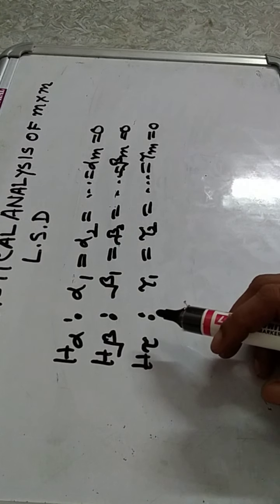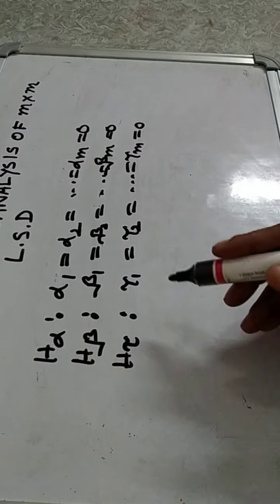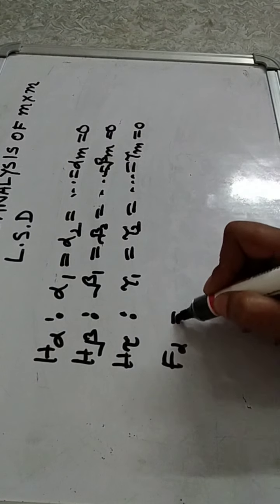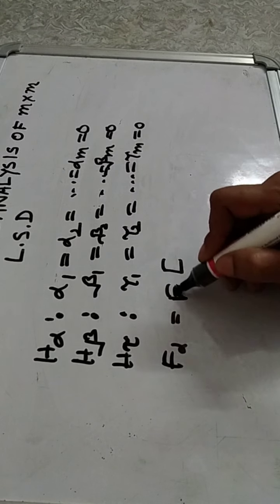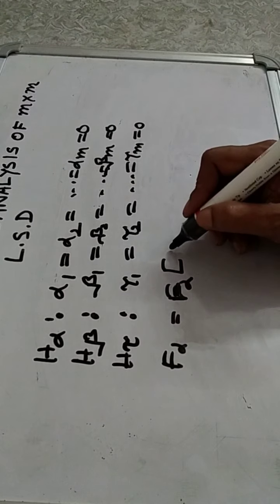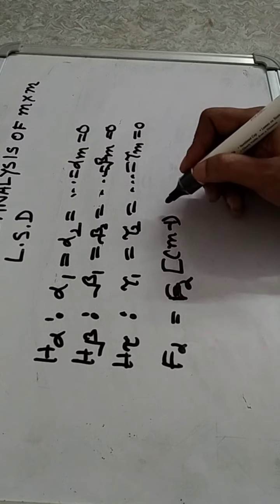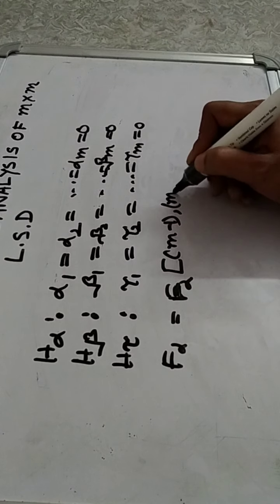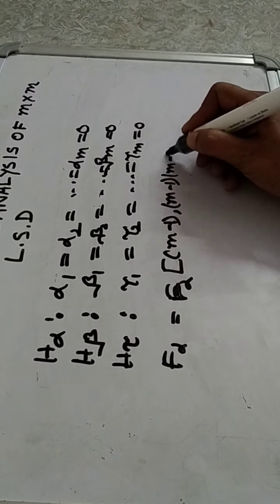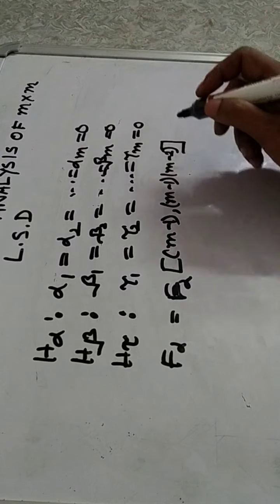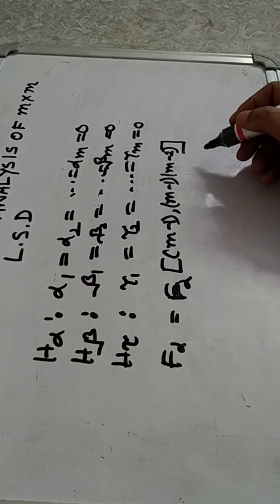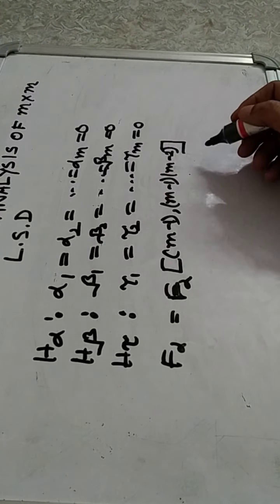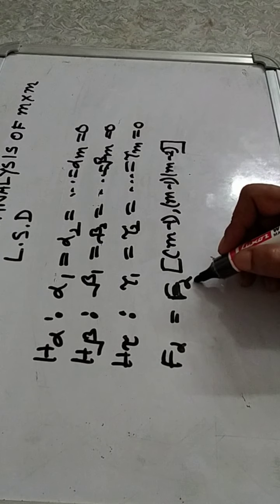Let F alpha, with degrees of freedom m minus 1 and m minus 1 into m minus 2, be the tabulated value of F at a level of significance alpha.